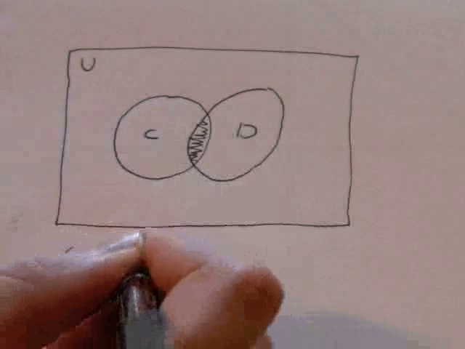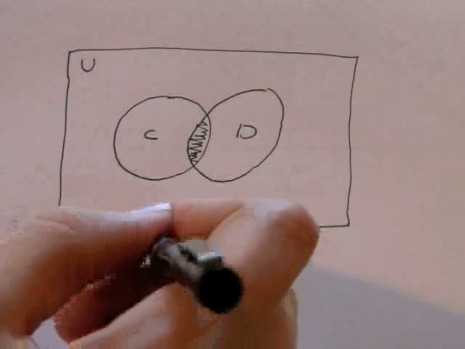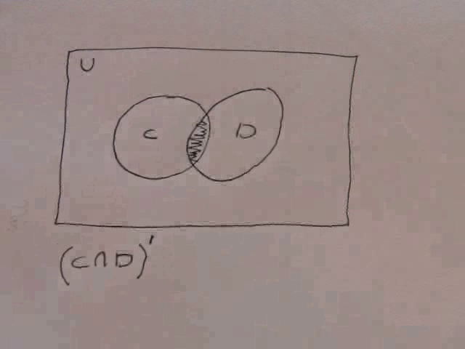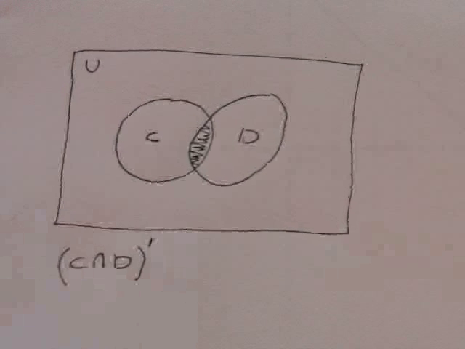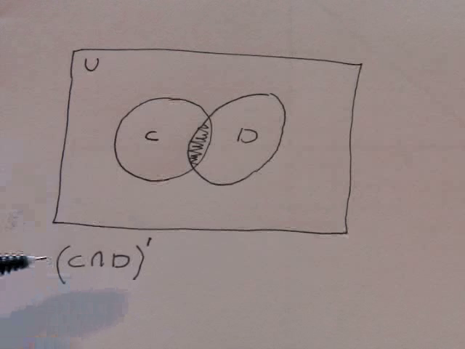So just put parentheses around them like this. And that's just by convention, if you're wondering. It just makes it look cleaner so that you're not talking about the complement of just D, you're talking about the complement of the whole intersection. So that right there is everything that is not shaded.